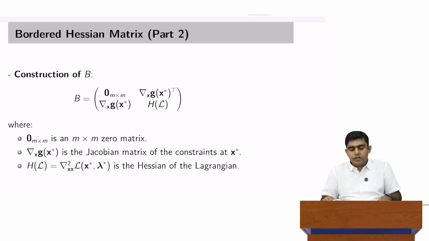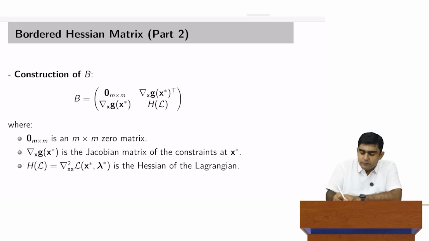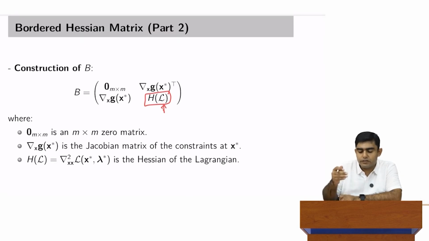But what would these elements of the bordered Hessian matrix be? There would be the Hessian matrix of the original Lagrange, what we will call H of L, which is nothing but double derivatives of L with respect to x and y and z arranged along the diagonals, and double derivatives with respect to the variables x and y, y and z and so on, arranged in matrix form.